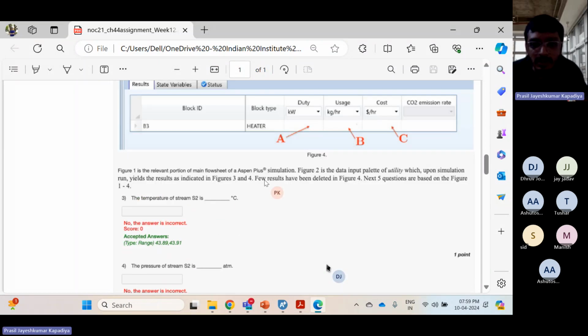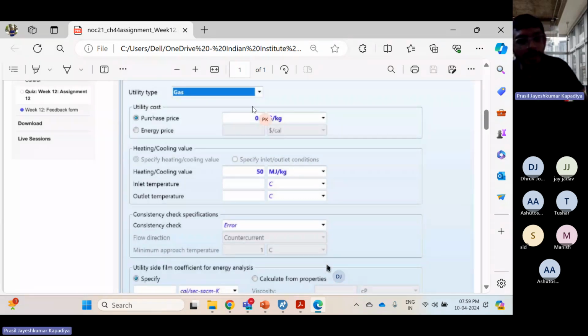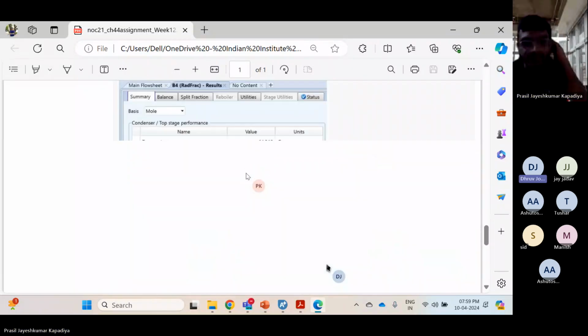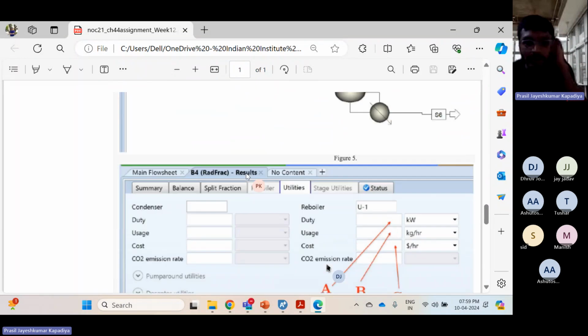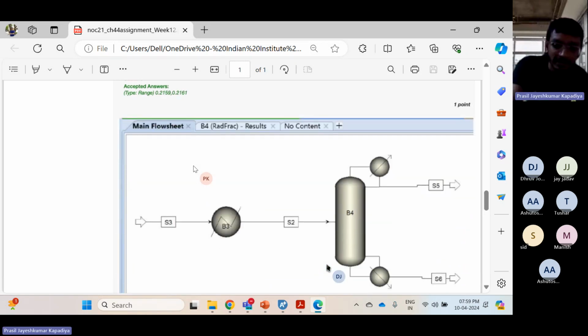This is kg per hour, and we have dollar per kg. Yeah, you just need to multiply this answer with 0.6. Can you do it? What is the answer you are getting? 0.2160. Yeah, it is correct, right? Okay. Are you getting it now?